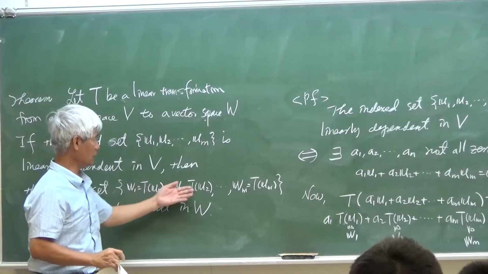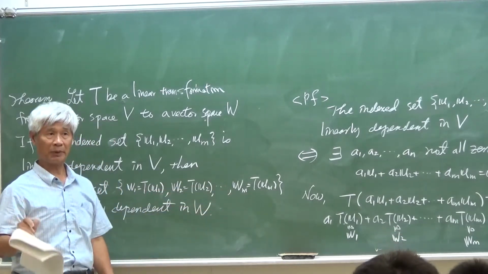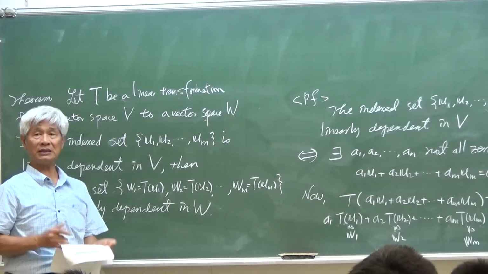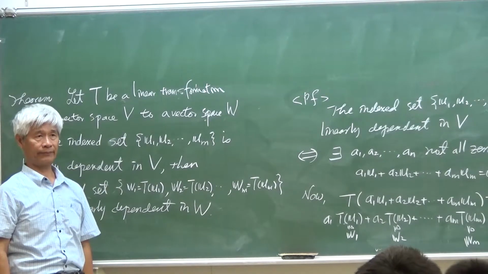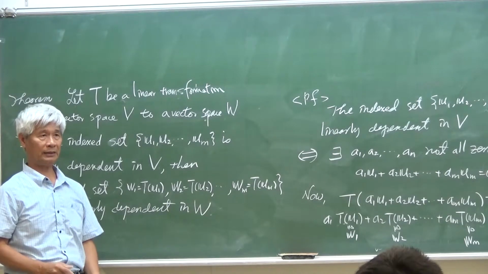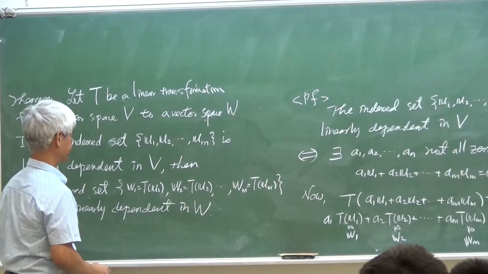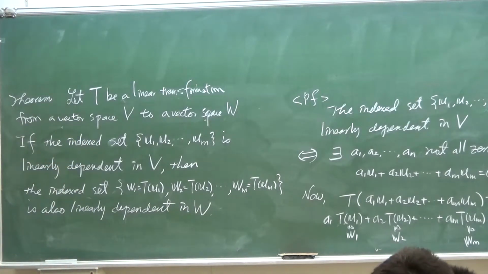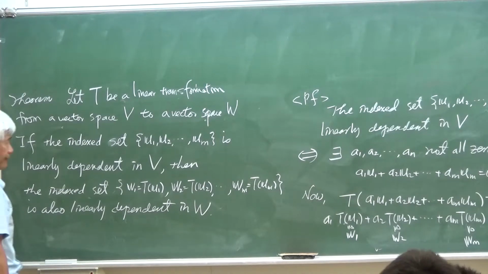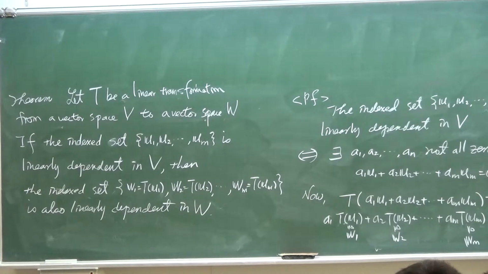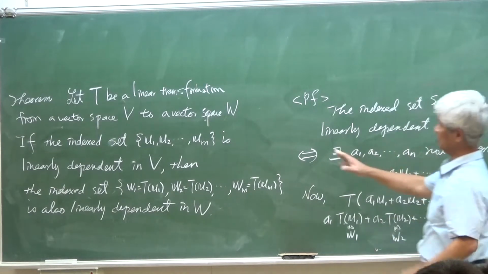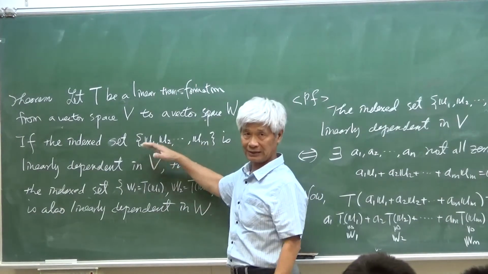But these 3 images could be linearly independent because it's a small set. Okay, so be careful. When you want to do this, we have to use the index set.